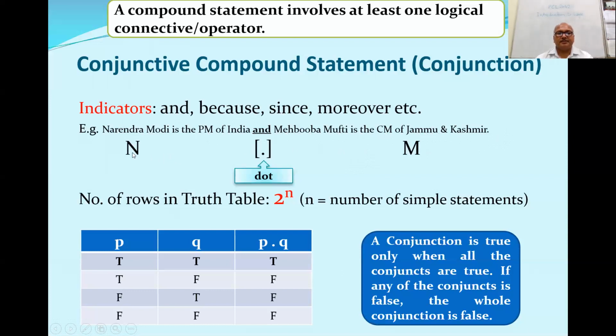Taking terminology from the conjunctive compound statement, N is one conjunct, M is another conjunct. So there are two conjuncts in this particular conjunction, and the relationship between them is called conjunction. The relationship is also called conjunction, and these are conjuncts.